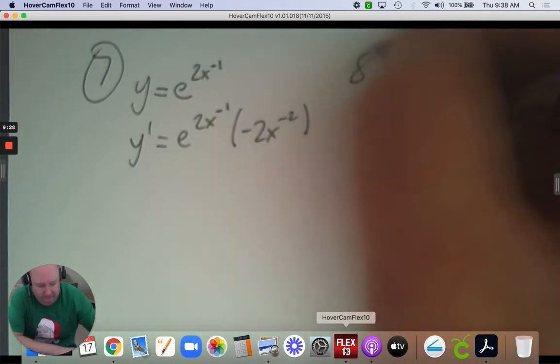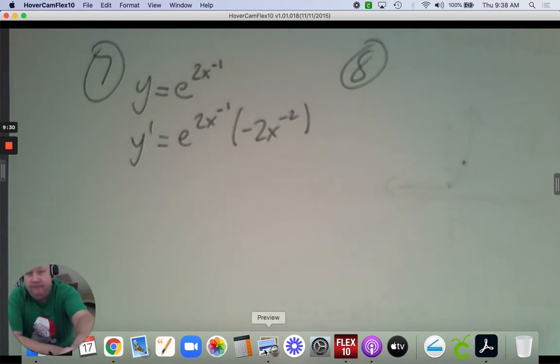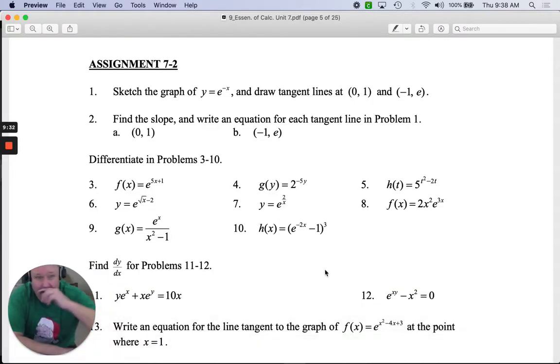Number 8. In number 8, you have f of x equals 2x squared e to the 3x. Because we have 2x squared e to the 3x, that second variable makes a product rule. It's not a constant in front. It's its own term. So it's a product of 2 algebraic terms.